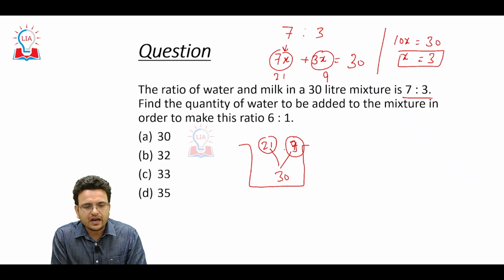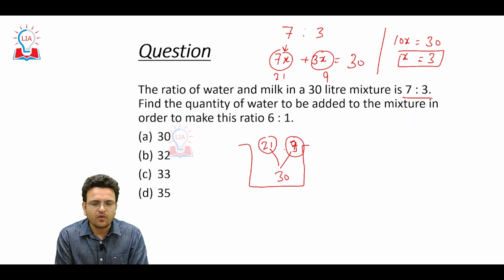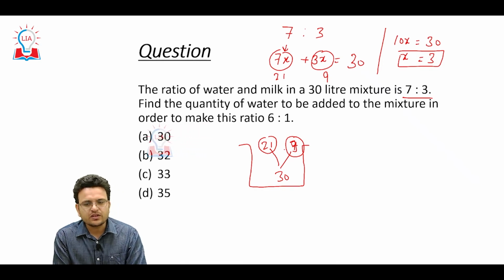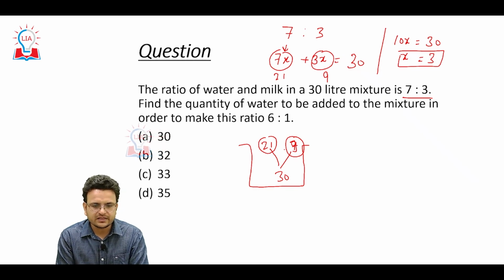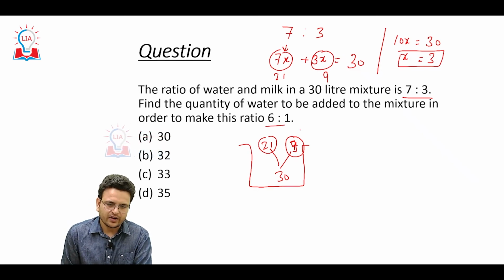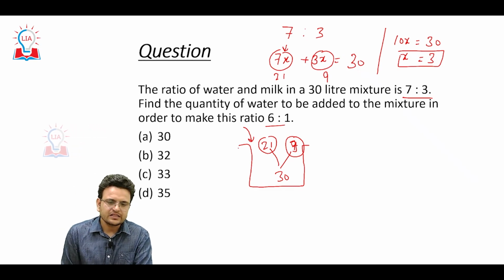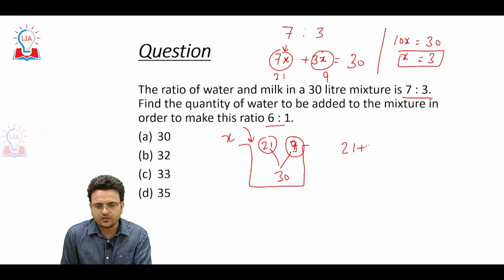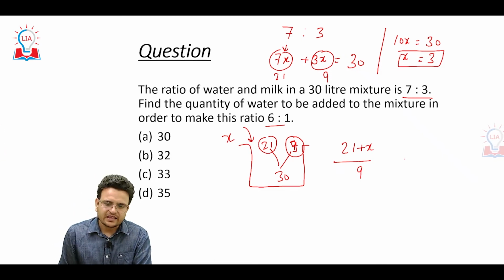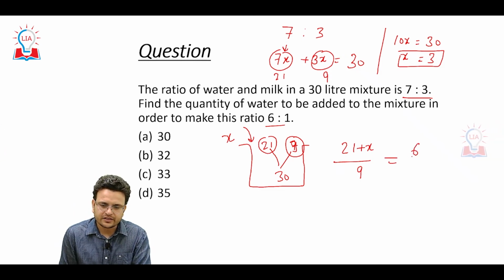Now find the quantity of water to be added to the mixture in order to make this ratio 6:1. Some water is added and the ratio has to be 6:1. Consider we have added x liter water. Water will be added into water, milk will stay separate, and then that ratio becomes 6:1.